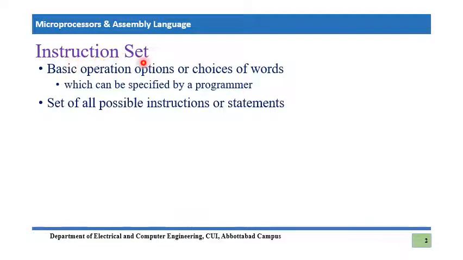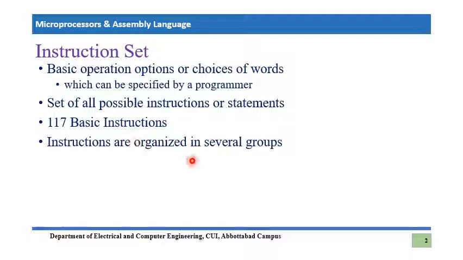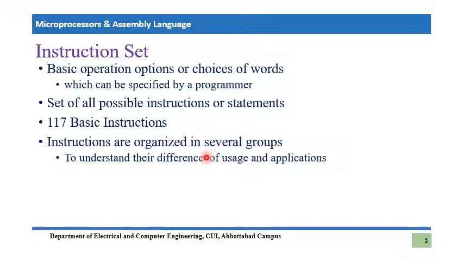So instruction set can be defined as set of all possible instructions or statements. So whatever the number of statements or whatever the number of instructions available, they are grouped in one set, and that is called instruction set. In total there are 117 basic instructions, and these instructions are organized in several groups. Why are they organized?